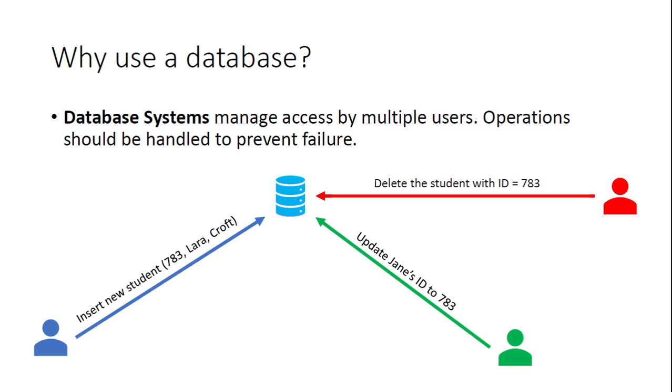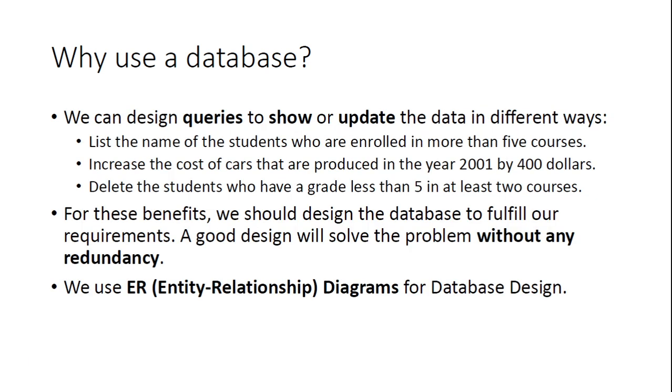So you are going to see such things at the last stages of the course. For example, if I'm trying to insert a new student with this ID, and at the same time some other user is trying to modify the same data or a related data, this should be resolved in a way that it will prevent any failures or mismatches.